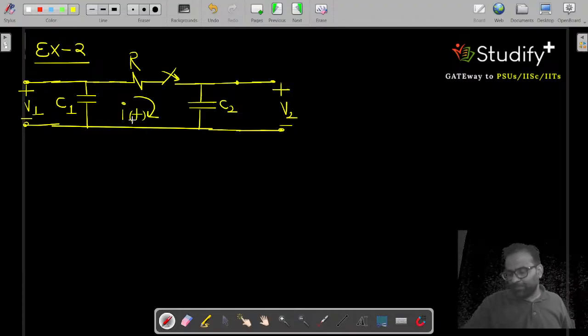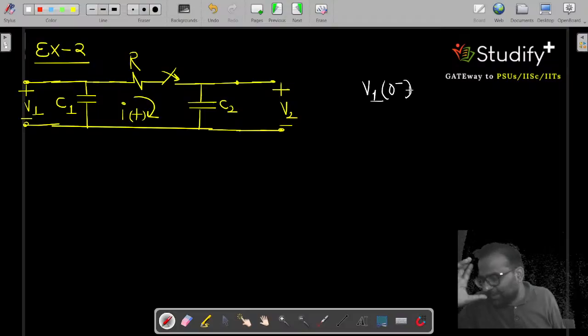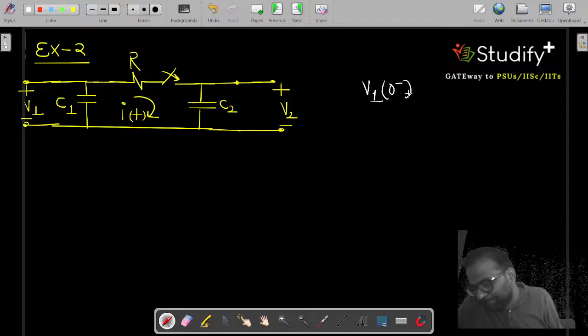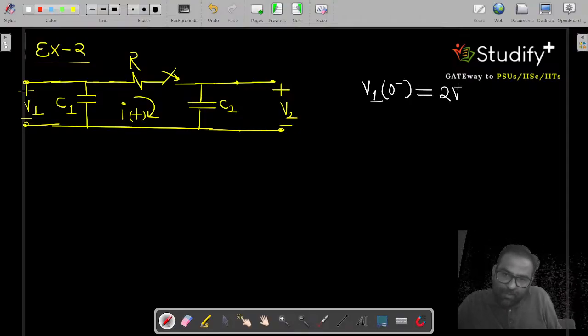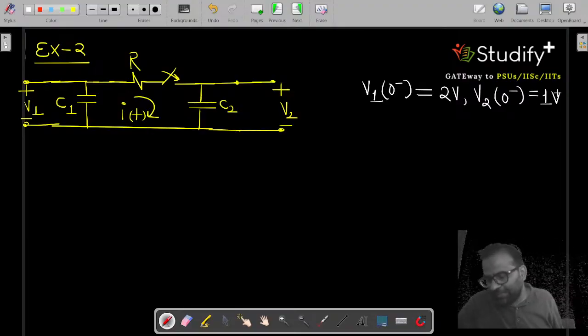What else is given? Remaining all things are given. They are saying that the initial conditions for C1 and C2 are given. V1 at 0 minus is equivalent to 2 volt. V2 at 0 minus is given as 1 volt.